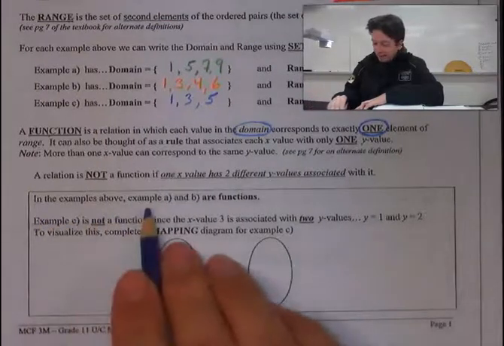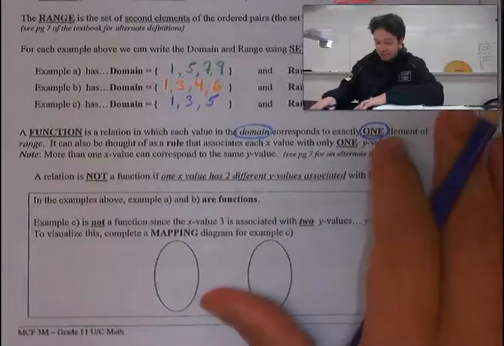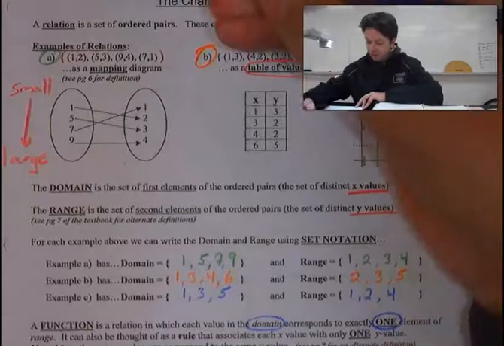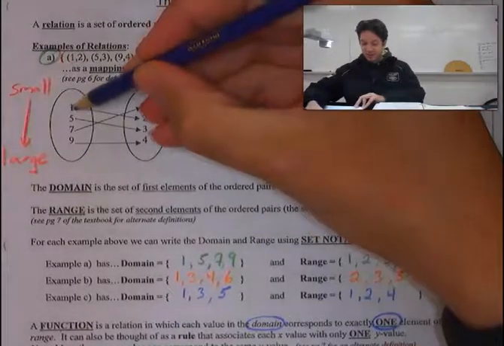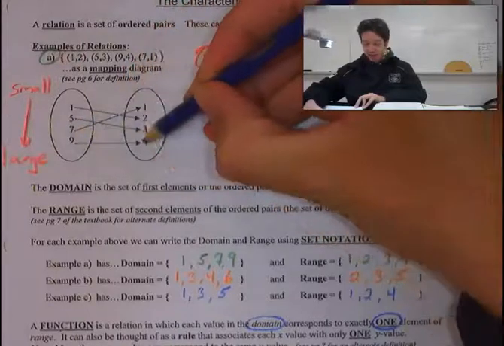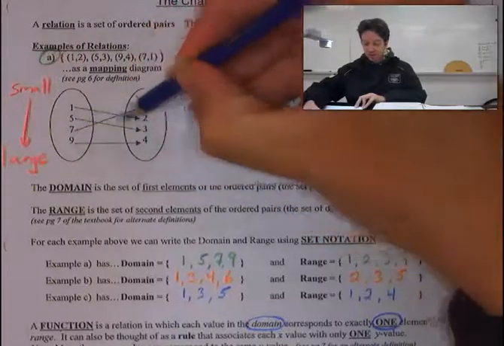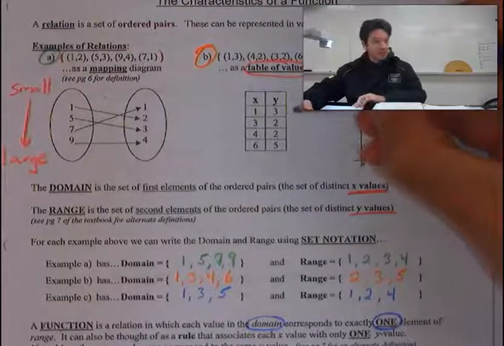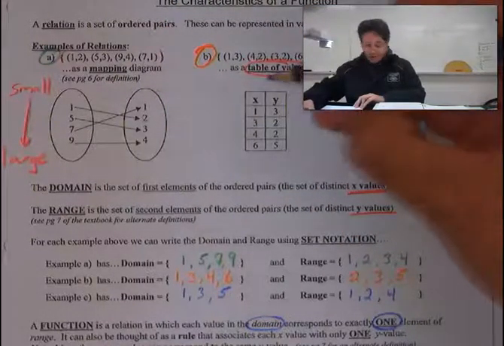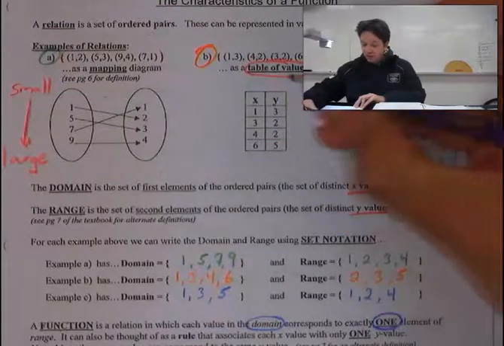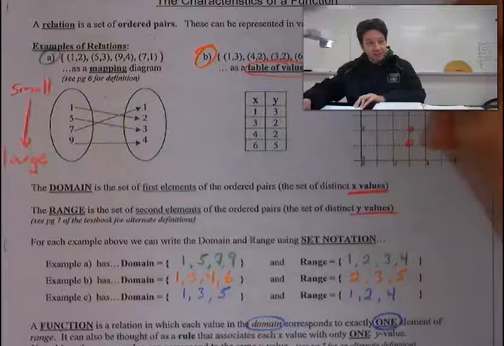Examples A and B are functions. So let's go back up to examples A and B. In example A, notice that for any value in our domain, it only corresponds to one value in our range. So that's a function. Example B, again, same thing. For any x value, it only corresponds to one y value.